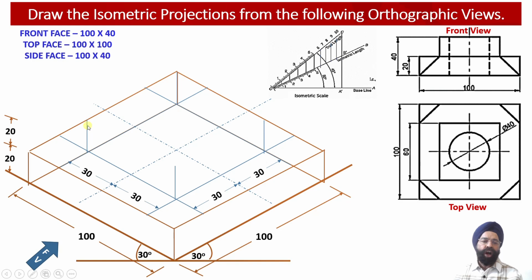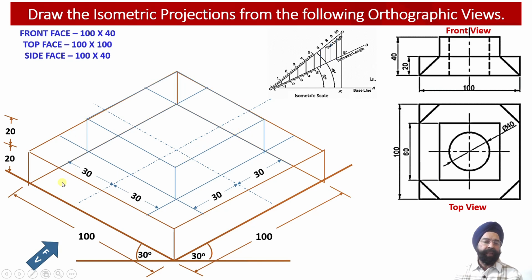We have to draw 4 vertical projector lines over here parallel to the y-axis in such a way that the isometric height corresponding to these 4 vertical projectors will be equal to 20 millimeter each. So now once we obtain the height of the upper web, we can join the 4 edges corresponding to this particular top surface of the upper horizontal web over here.